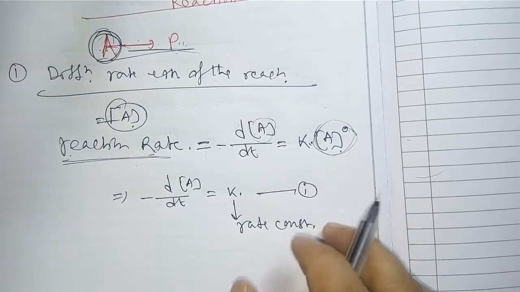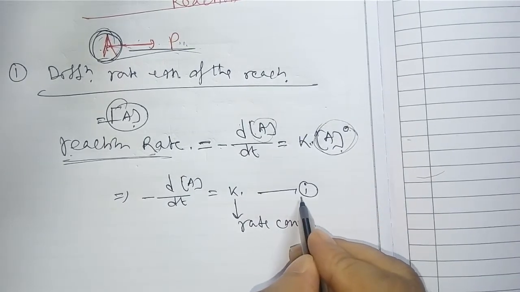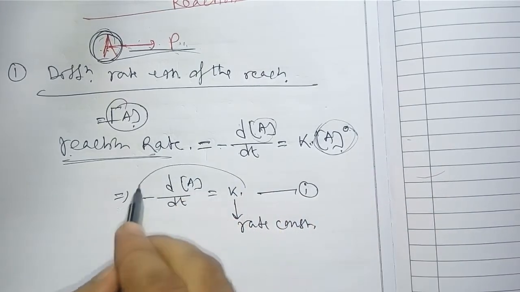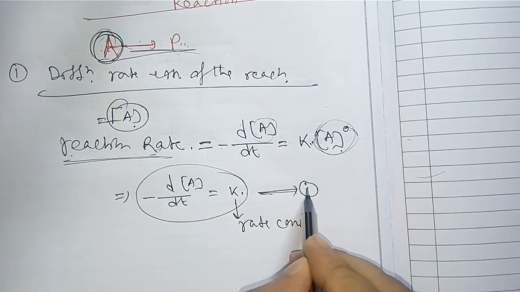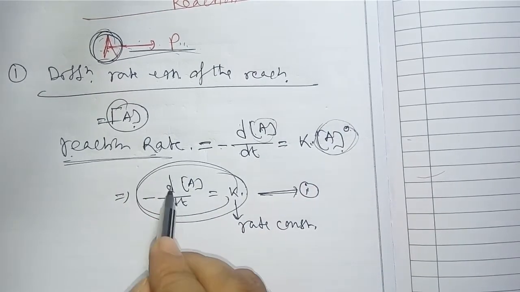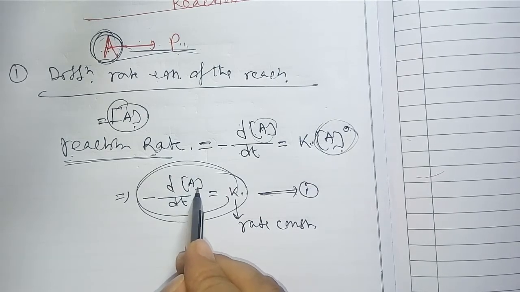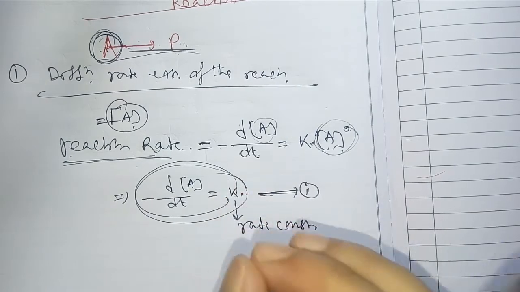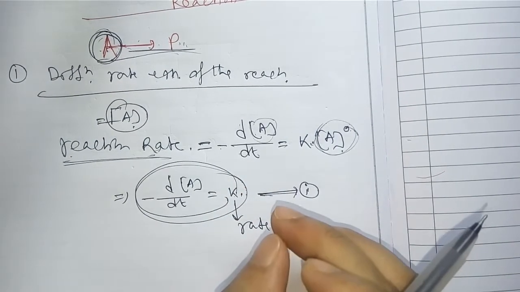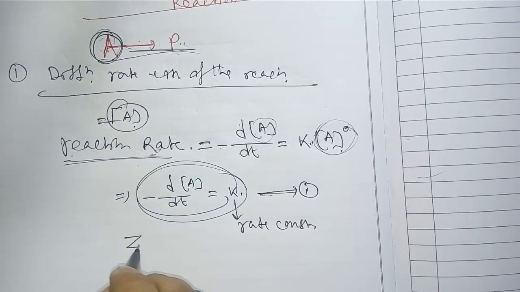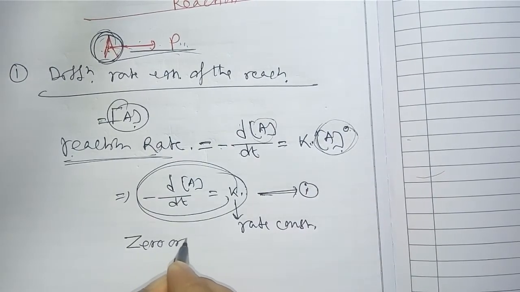So equation 1 represents the differential rate equation, because d/dt of the concentration of A is there. This equation represents the differential rate equation for the zero order reaction.